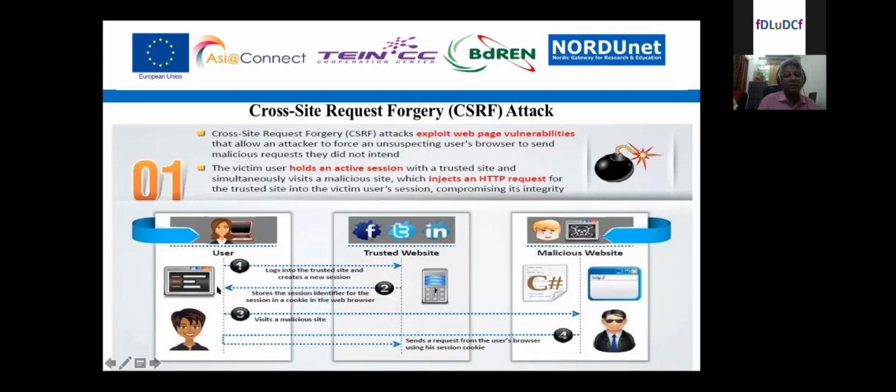As well as, the user is at the same time visiting the malicious site. So the attacker is now getting the session ID from the cookie, and the attacker will use this to get access to the trusted server.